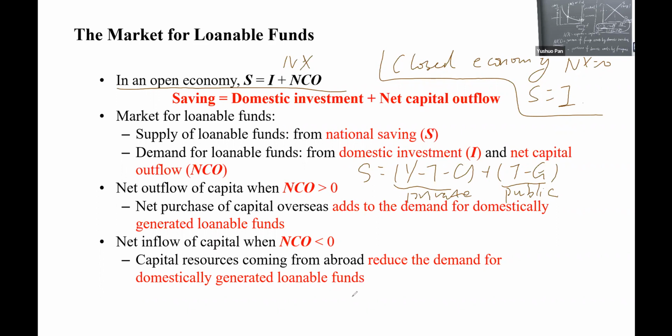This means foreigners are going to invest in your country, such as the United States. Then the demand for domestic loanable funds will not be that much, because other people are going to invest here. So that's the definition of these two sentences.